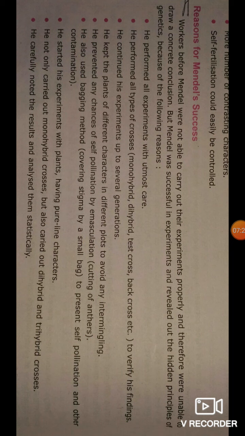He carefully noted the results and analyzed them strictly, and with basic concepts, that is very important. That means take only one alphabet for one character, that means the allelomorphic forms of a character can be expressed by small and capital letters. Usually the dominant allele is shown with a capital letter, while the recessive character is shown with a small letter.